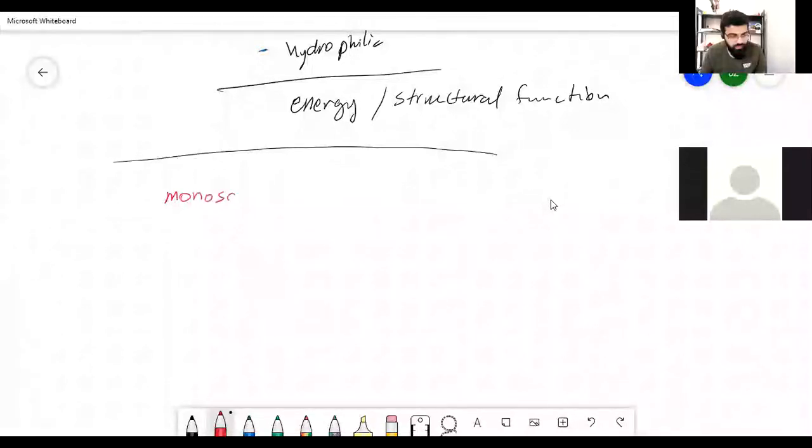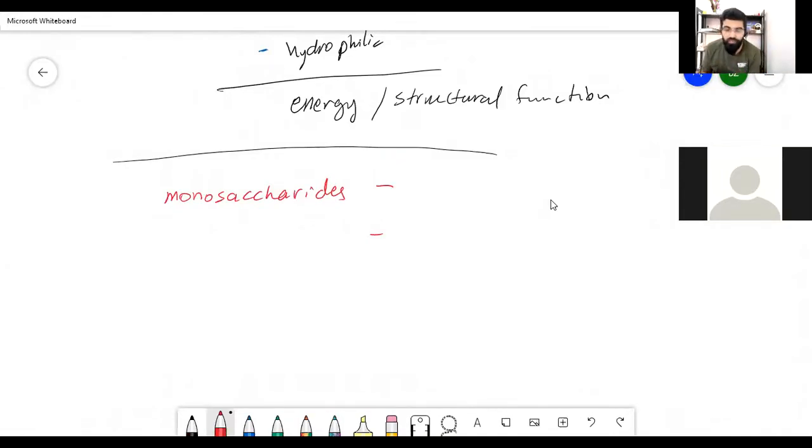Saccharides. Monosaccharides, and we say these monosaccharides are classified according to important points. Number one, the types of monosaccharides.